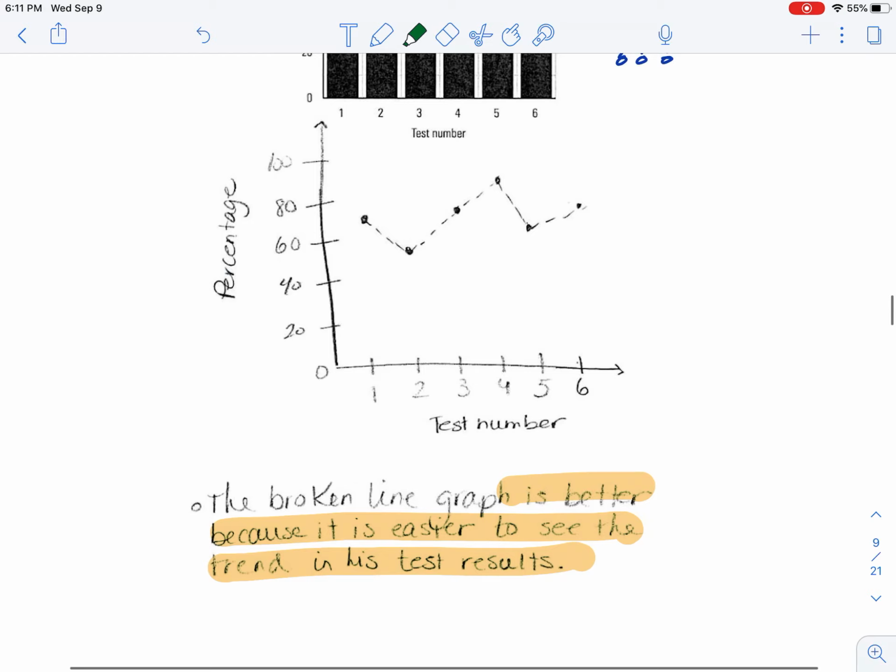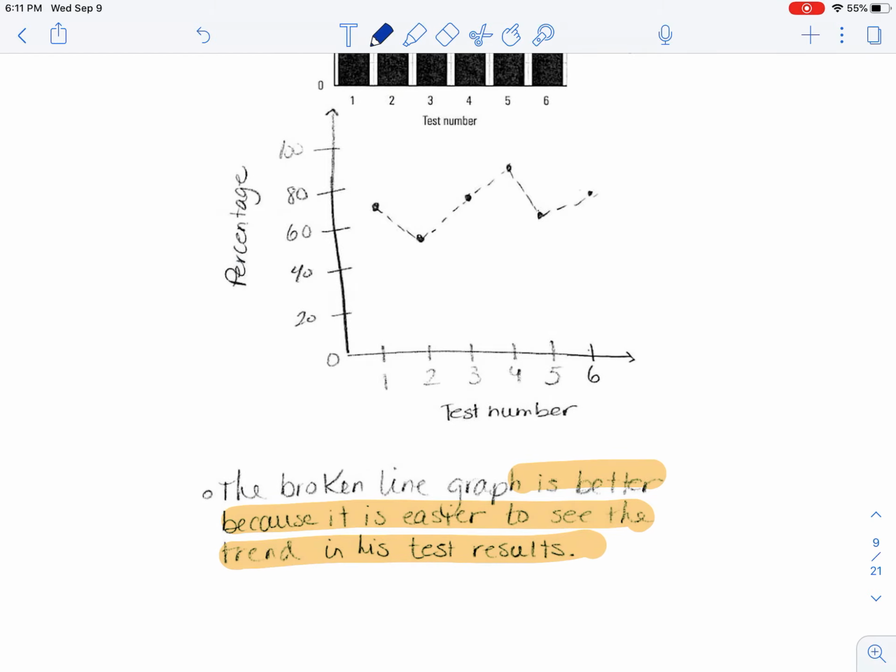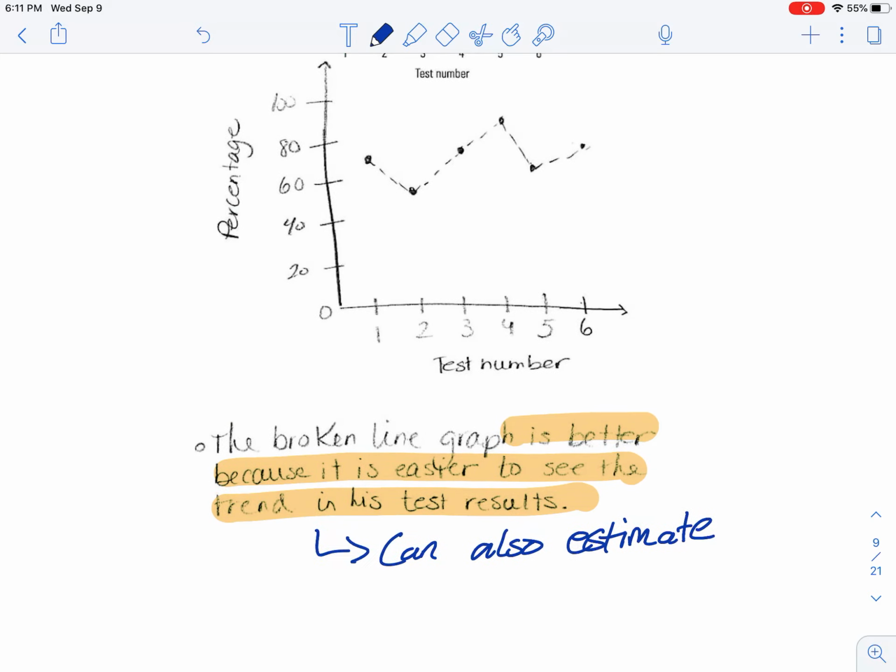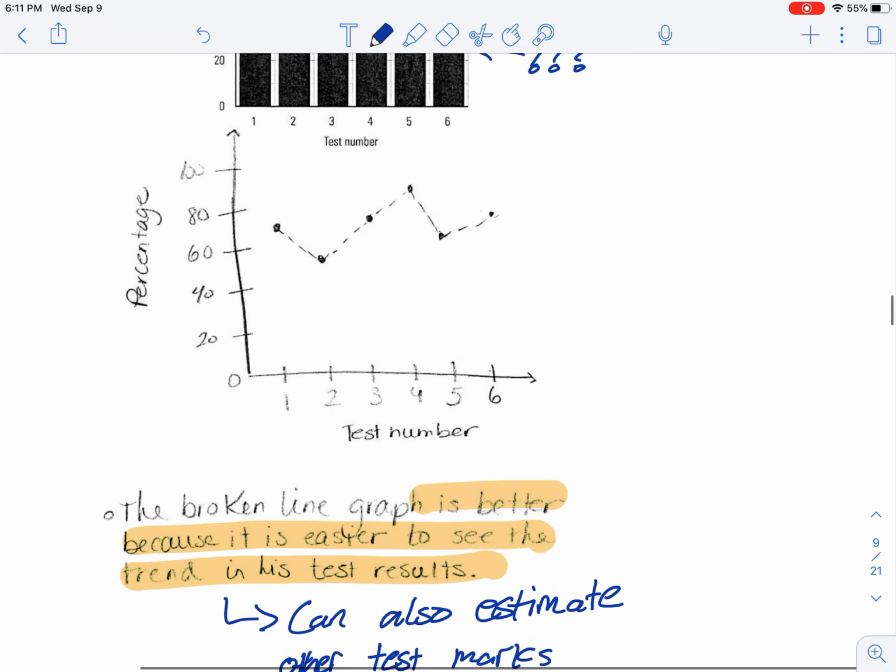Not only that, you can see the trend better, but you can also estimate other test marks. Okay, so what I mean by that is, say we extended this thing.